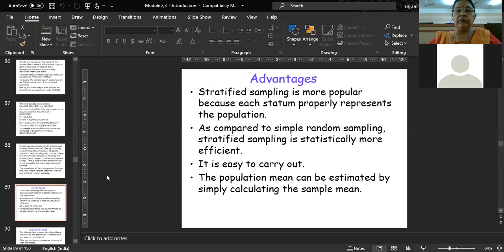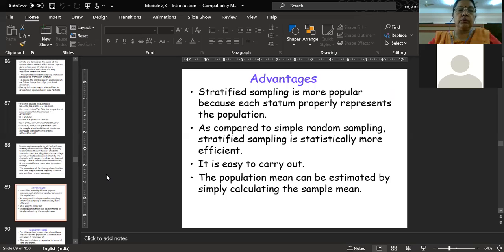So what are the advantages of stratified sampling? It is a more popular technique because you are dividing the population into different strata. That is, you are dividing the population into different subgroups, and then from each subgroup, through simple random sampling technique, you are selecting randomly some elements to be included into your sample.